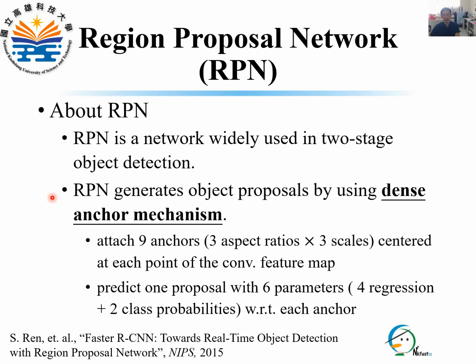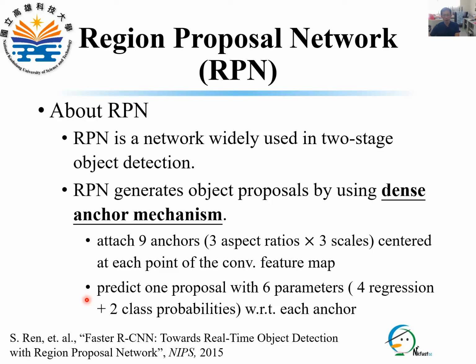The main idea of the RPN is to generate object proposals by using dense anchor mechanism. It attaches 9 anchors, including 3 aspect ratios and 3 scales, centered at each point of the convolutional feature map.